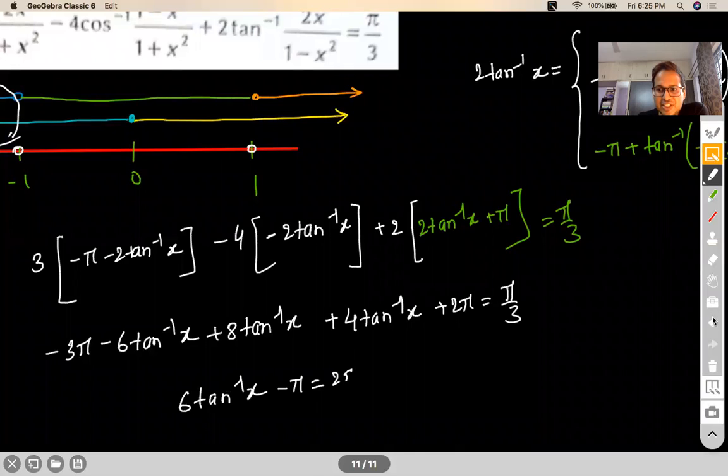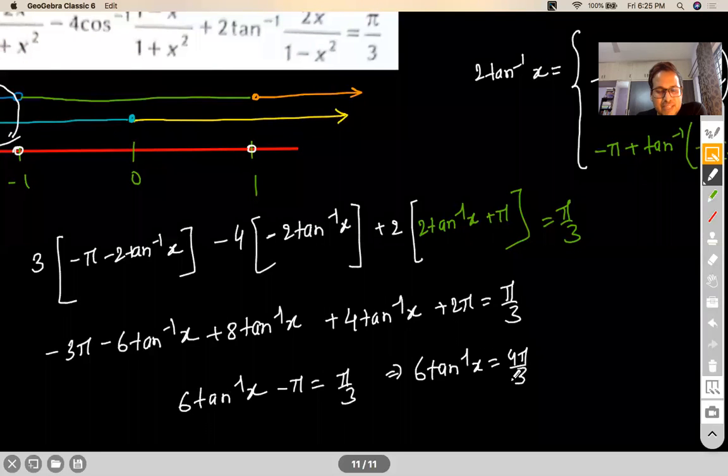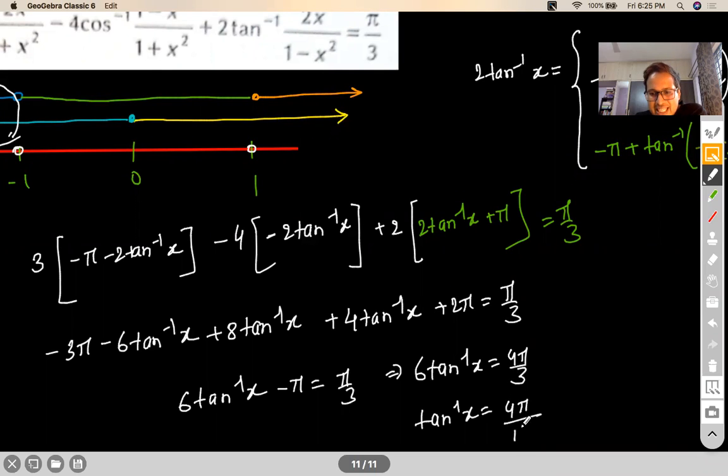So this is the equation you are trying to solve. So 6 tan inverse x is going to give you 4 pi by 3. In other words, tan inverse x is going to give you 4 pi by 18, that's actually 2 pi by 9. Am I right? Have I missed out anything?